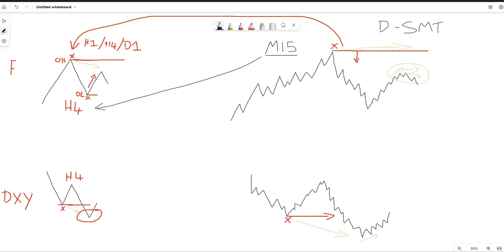Then, because of the higher time frame 4-hour that failed to take the high on the foreign asset, we are looking for price to head lower because DXY was able to take the liquidity below the low over here. And we are looking for an SMT entry with that being the confluence, and then maybe somewhere inside of here, void, order block as a confirmation, maybe somewhere over here, maybe a turtle soup above this high over here.